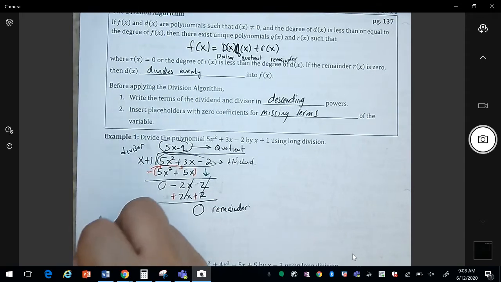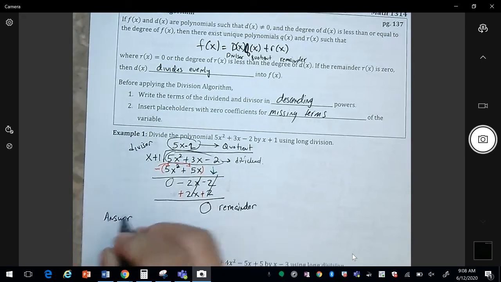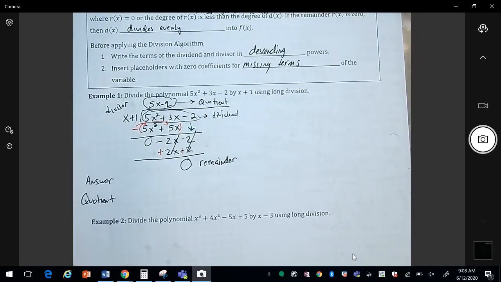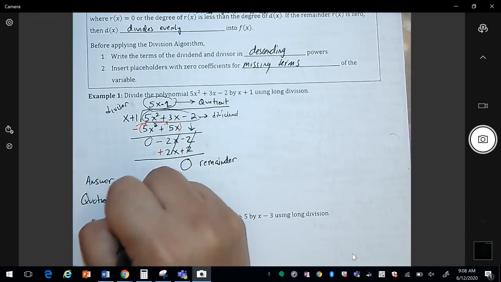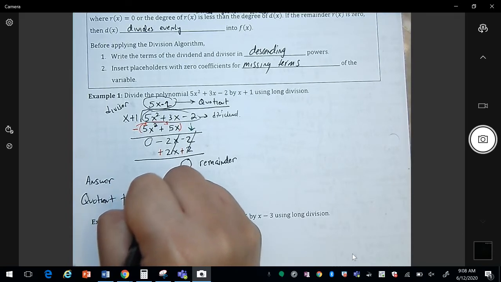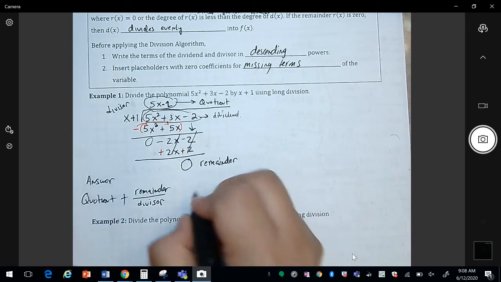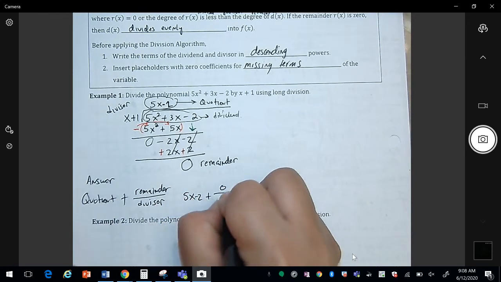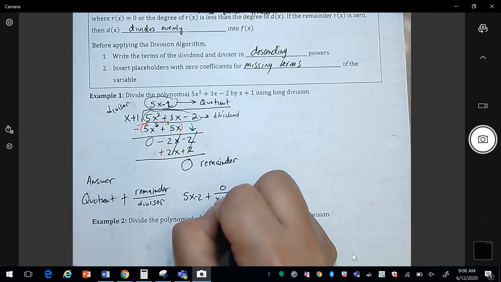So to write our answer, we write it as our quotient plus the remainder divided by our divisor. Okay, so my quotient here is 5x minus 2 plus my remainder of 0 divided by the divisor.